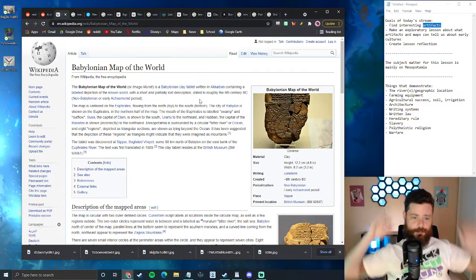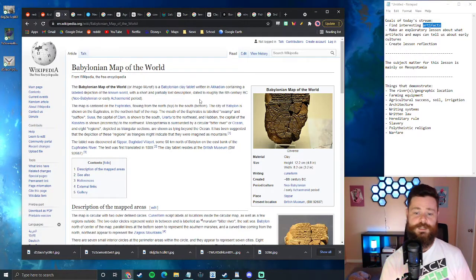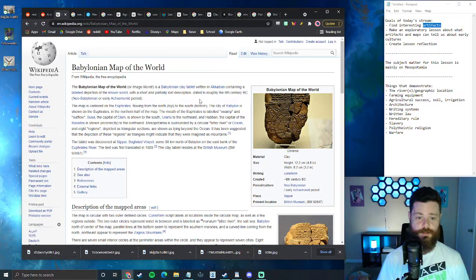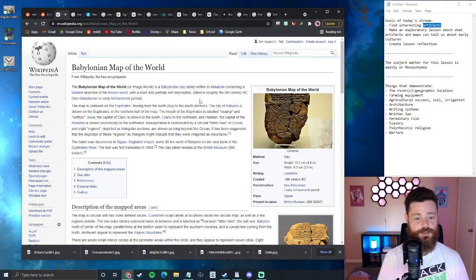The map is centered on the Euphrates flowing from the north top to the south bottom. The city of Babylon is shown on the Euphrates in the northern half of the map. The mouth of the Euphrates is labeled swamp and outflow. Susa, the capital of Elam, is shown to the south. Urartu to the northeast, and Haban, the capital of the Kassites, is shown incorrectly to the northwest. So I guess they got something wrong. Mesopotamia is shown by a circular bitter river or ocean and 8 regions depicted as triangular sections as shown as lying beyond the ocean.